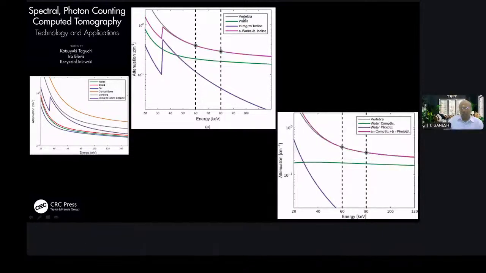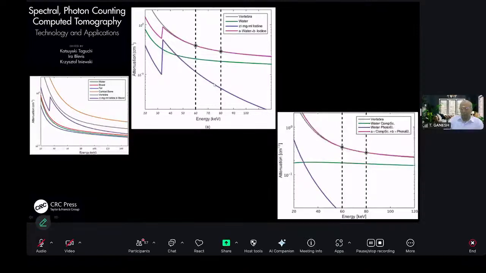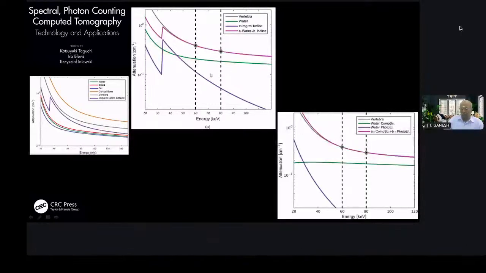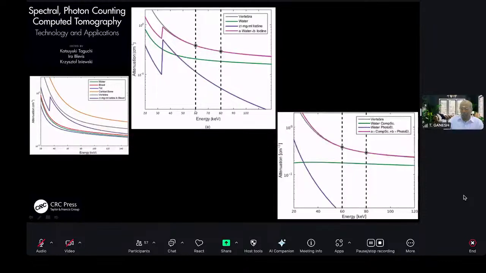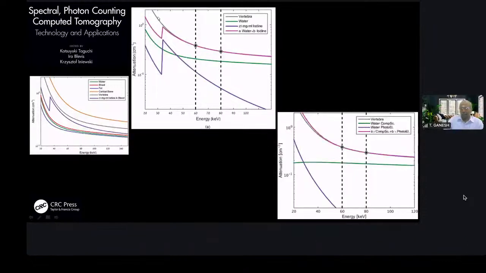So the vertebra can be expressed as a linear combination of this iodine with water. So you combine them in the proper ratio, a proper linear combination at two different energies, then you will be able to reproduce this vertebra curve.